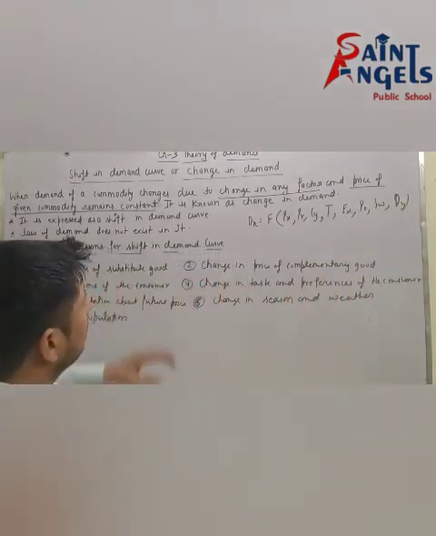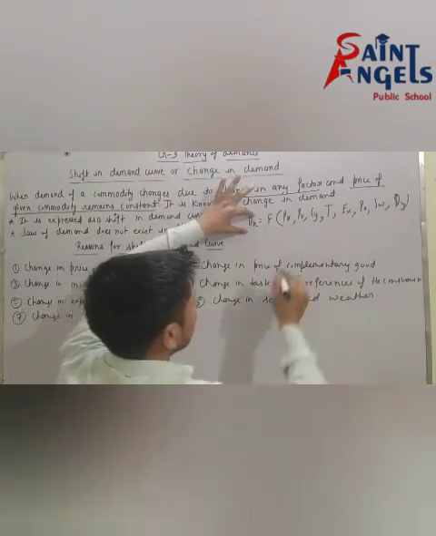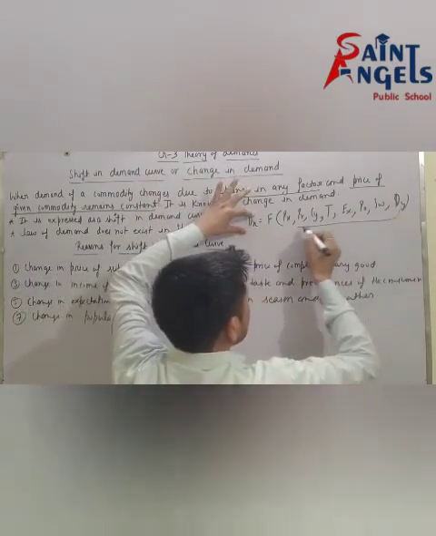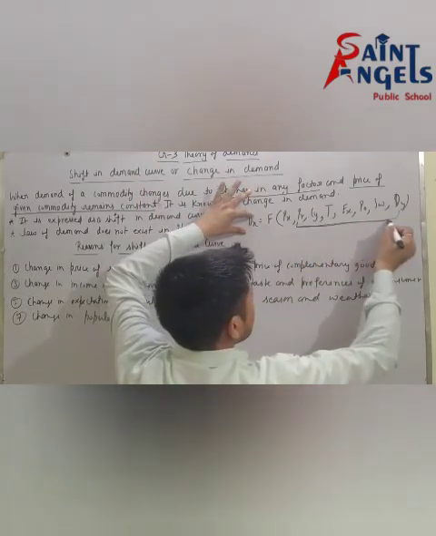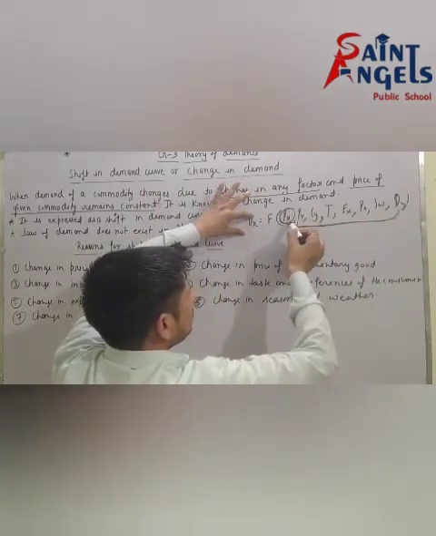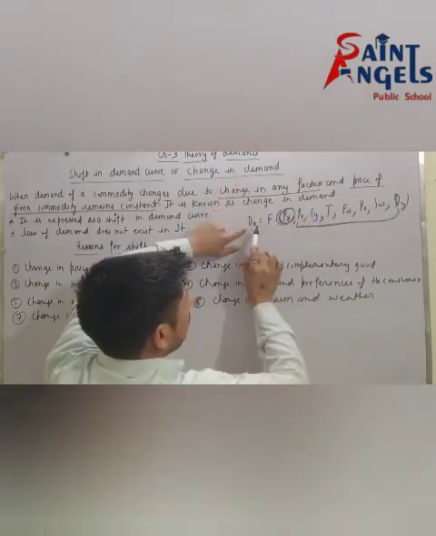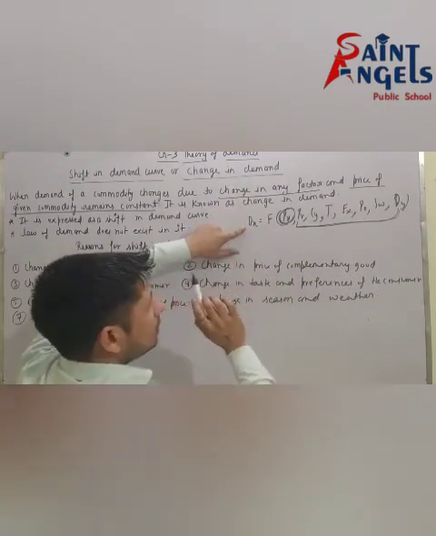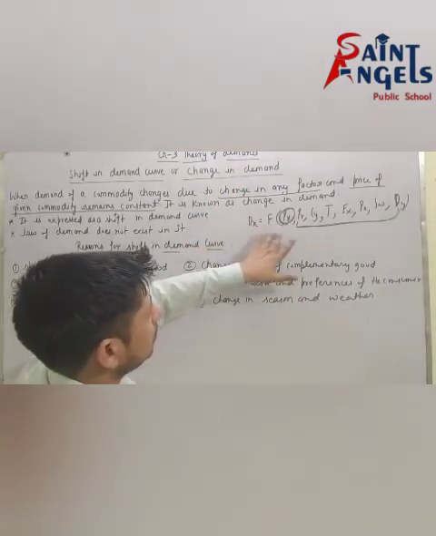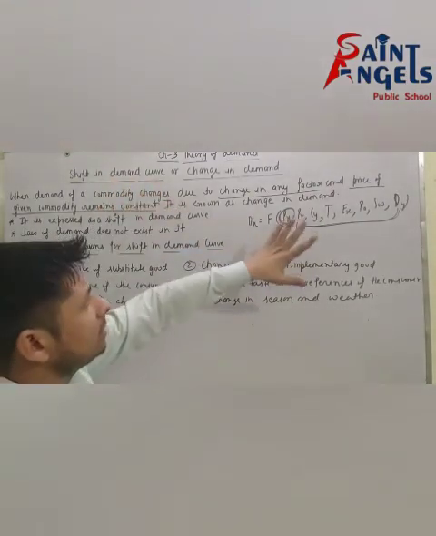This definition says that the demand for a commodity is affected by change in these factors, while the price of the given commodity remains constant. So the demand for a commodity is not affected by the price of the given commodity. This process is considered a shift of the demand curve.